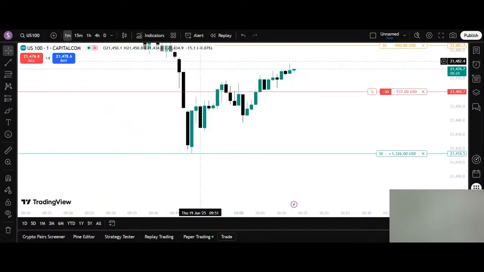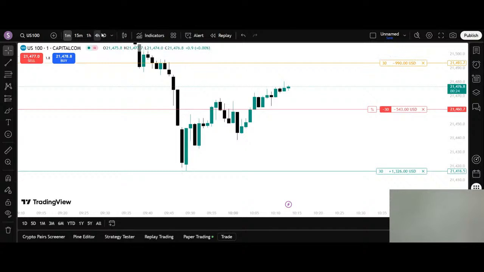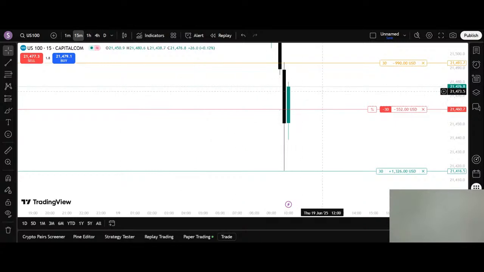Price has failed this FVG halfway through. I want price to make a 15-minute bearish FVG. That would be a good indication.